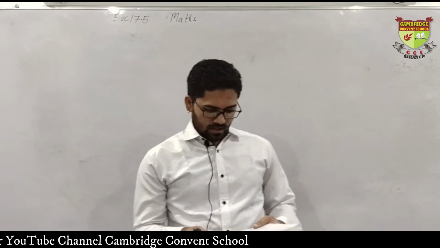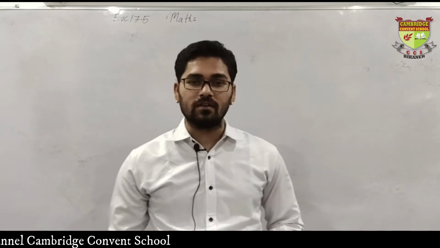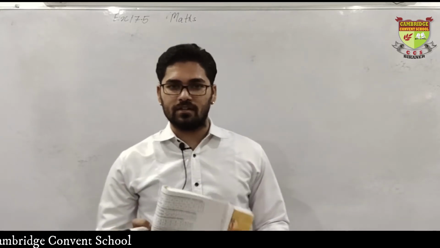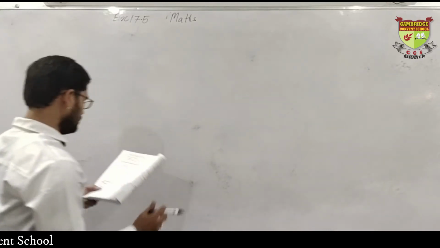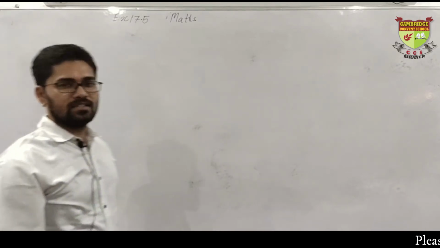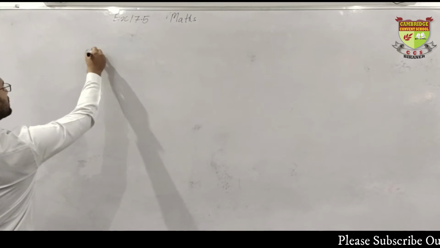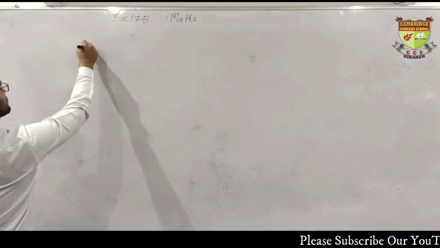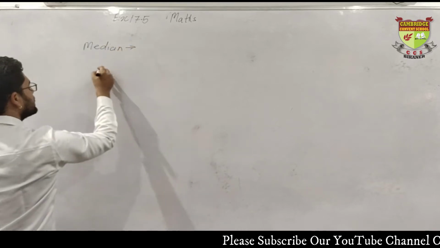So firstly, very easy type of questions. Firstly you write the formula, then I will explain everything related to questions. There are 2 formulas in the initial state of finding a median. We are calculating the median.